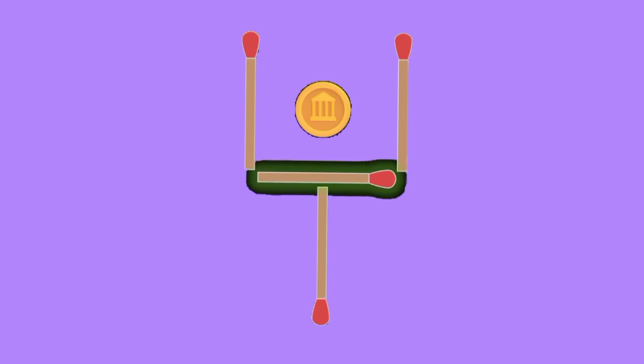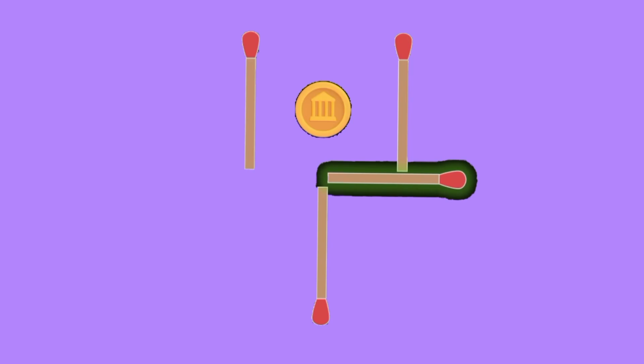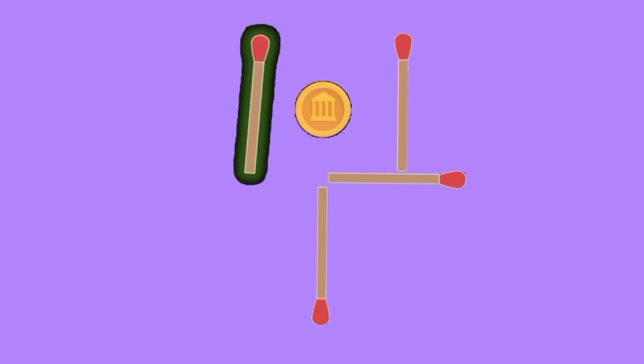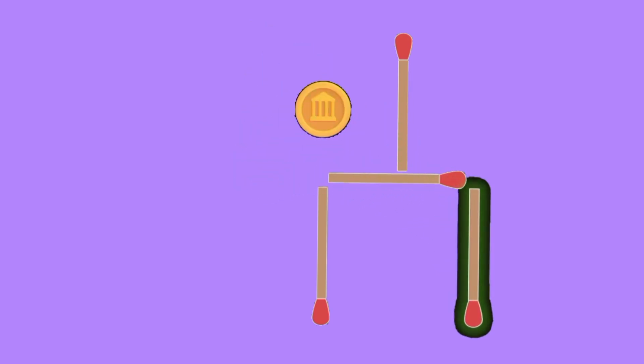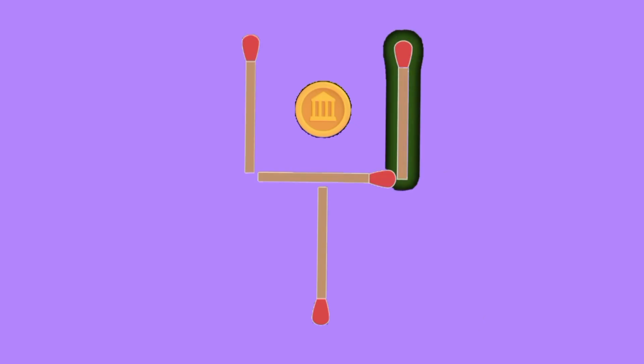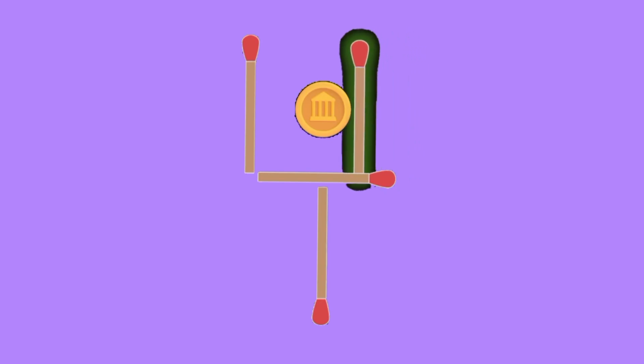Here's one solution. You slide out the bottom matchstick of the cup and reposition one of the side sticks. Then you complete the cup again in a way that lets the coin escape. That's a logical way to solve the puzzle. But there's also a more creative solution. You gently push the right matchstick toward the left until it reaches the coin.